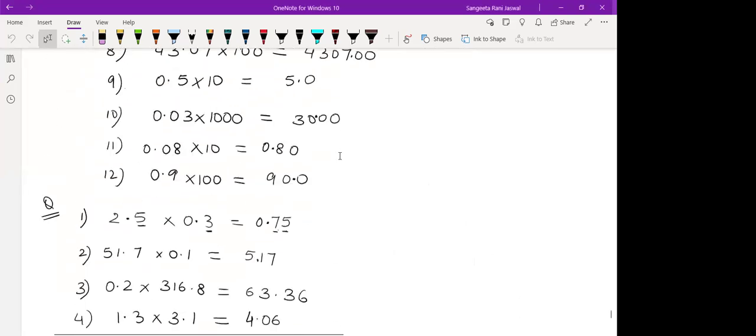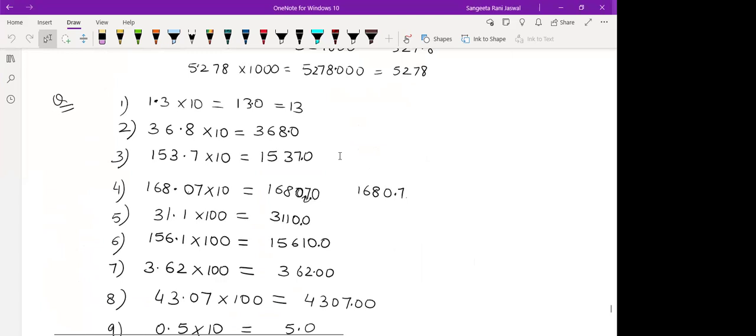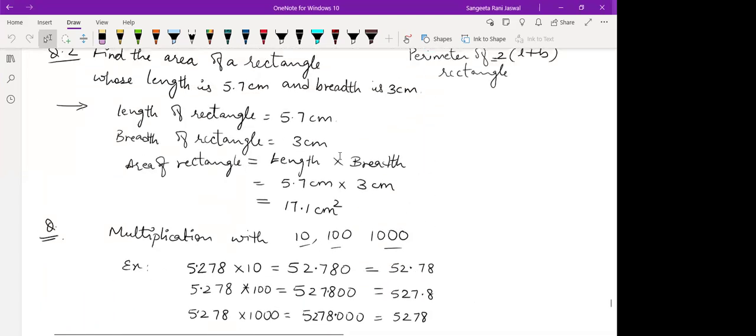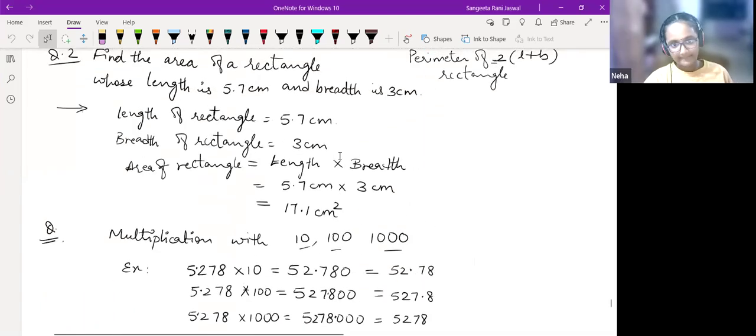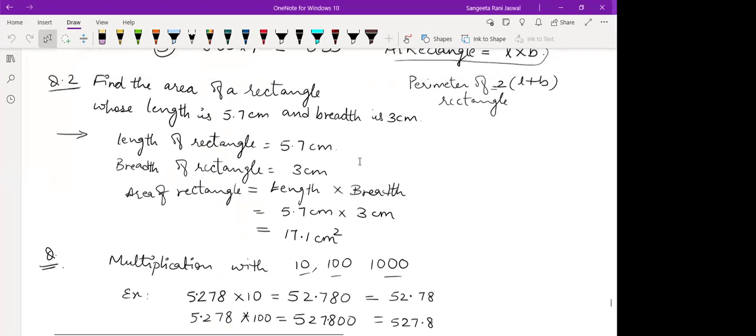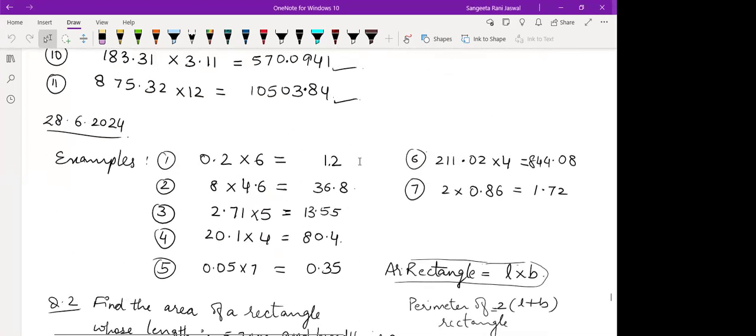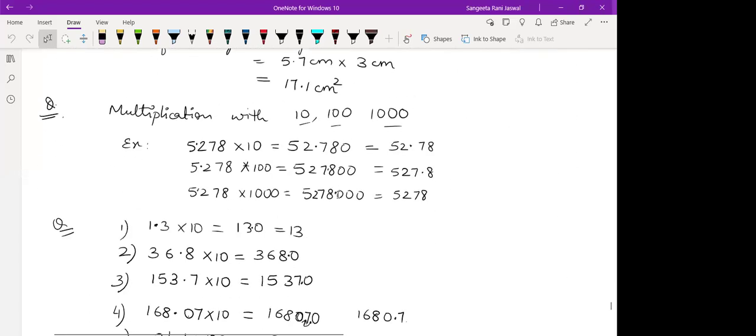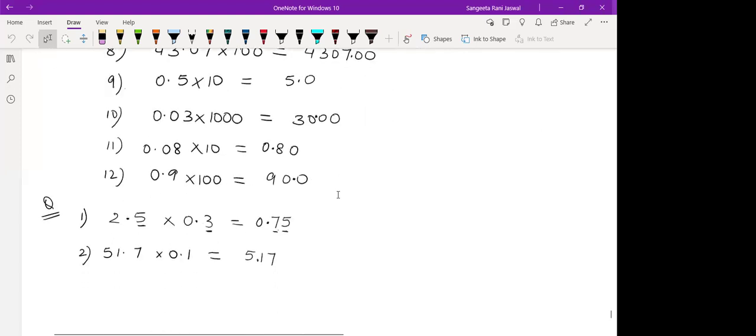So in the previous class, we had done the multiplication sums, multiplication with 10, 100, 1,000, and some statement sums also. So now you are very well aware of how we multiply decimal with decimal, decimal with a whole number, and decimal with 10, 100, 1,000.